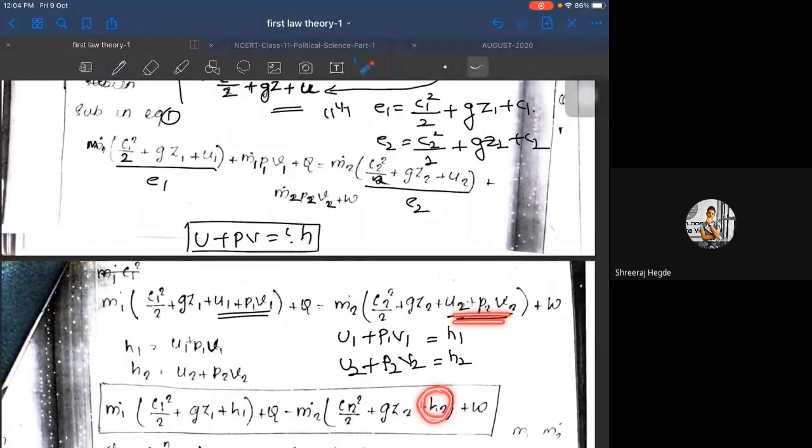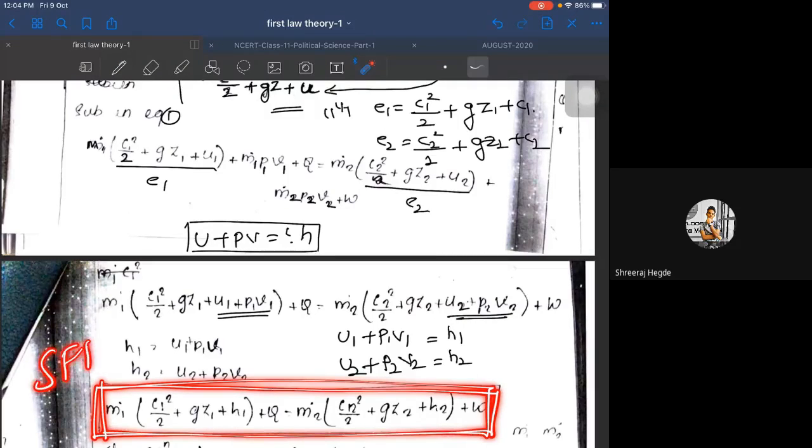So whatever the expression you get, finally, that is your SFEE. SFEE is a very long expression, very easy to remember, and very important too.